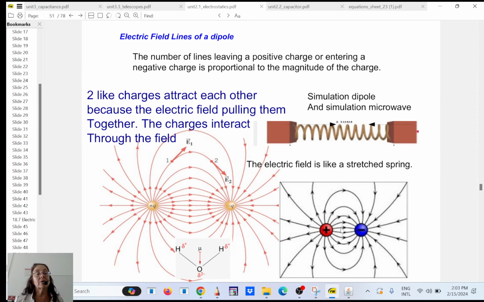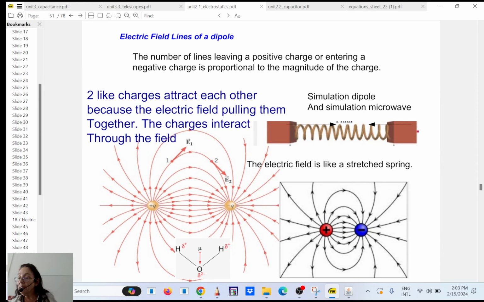In chemistry, you have a lot of dipoles. So if you go back to slide 42, you can visualize the electric field of a dipole. Here you have two electrodes connected to a power supply. One will be connected to the plus of the power supply, the other to the minus, for example.